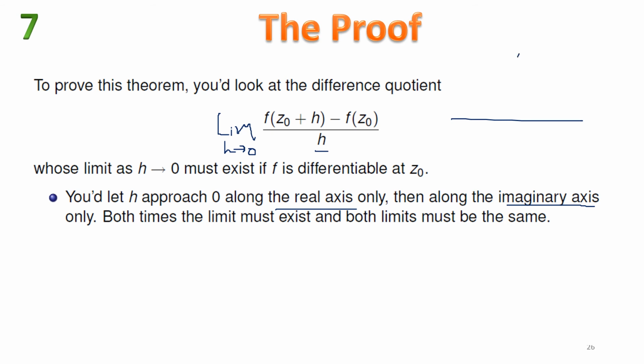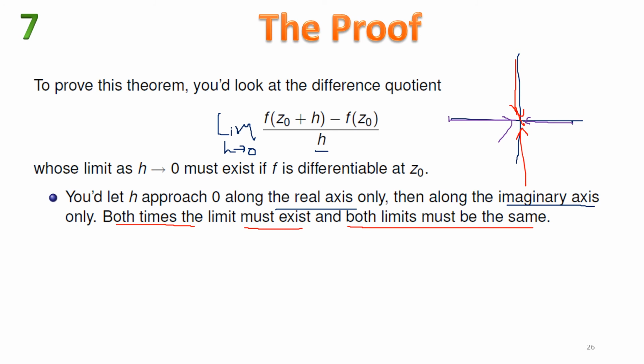We have seen this kind of diagram before. We discussed that h is approaching 0 this way, or in this way, or it can approach 0 along the imaginary axis also, and in the opposite direction also. So both times the limit must exist, and both limits must be equal.